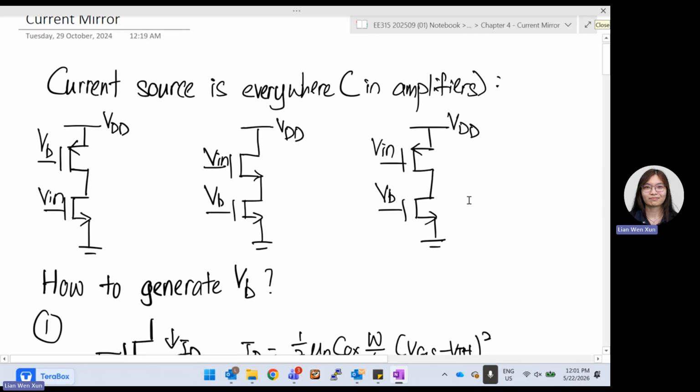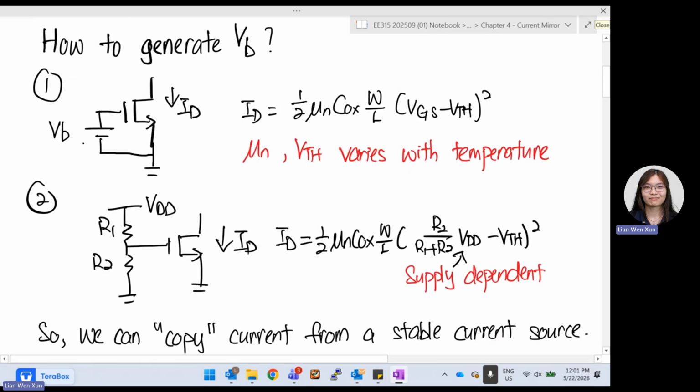But how do we actually generate VB? We want to generate a very ideal current, but how do we do that? There are a few ways. The first one, maybe let's say we just give an ideal voltage source of VB. Then once we have VB, we can have the current.